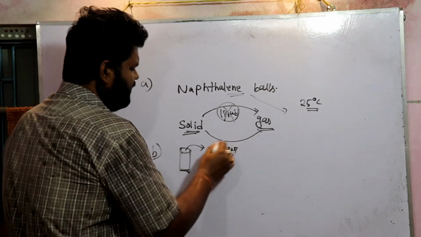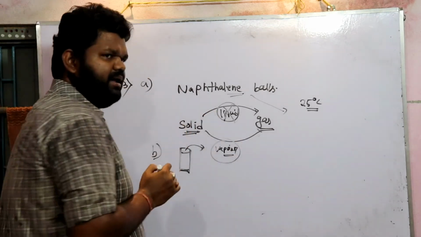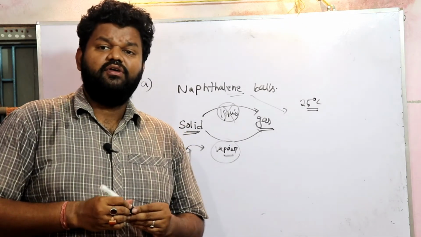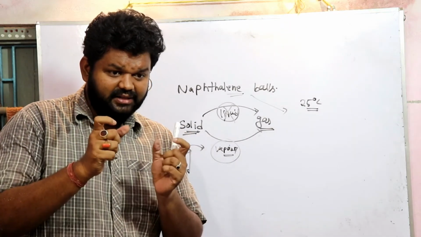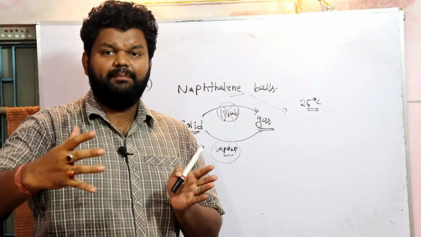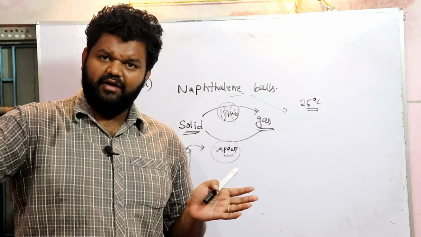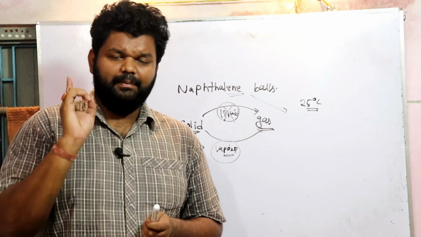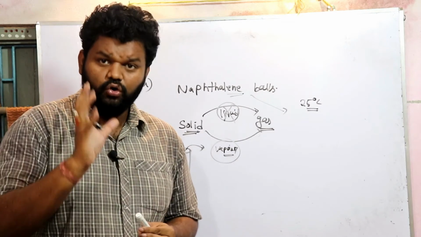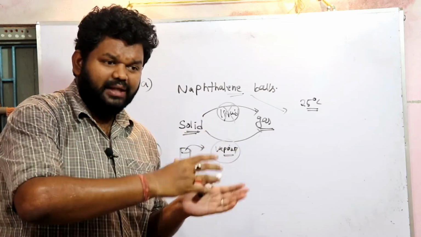Okay, vapor particle, and we know in the gaseous medium the gap between the particles is very large, and the particles of a matter have a tendency to move from one side to another.